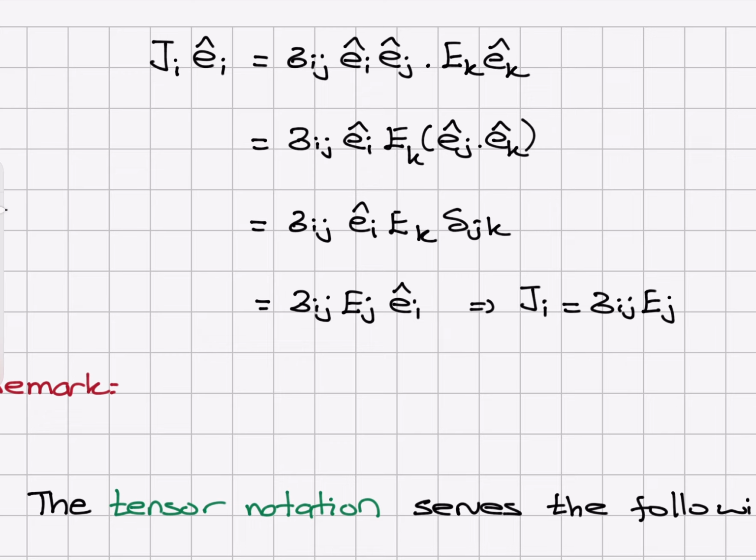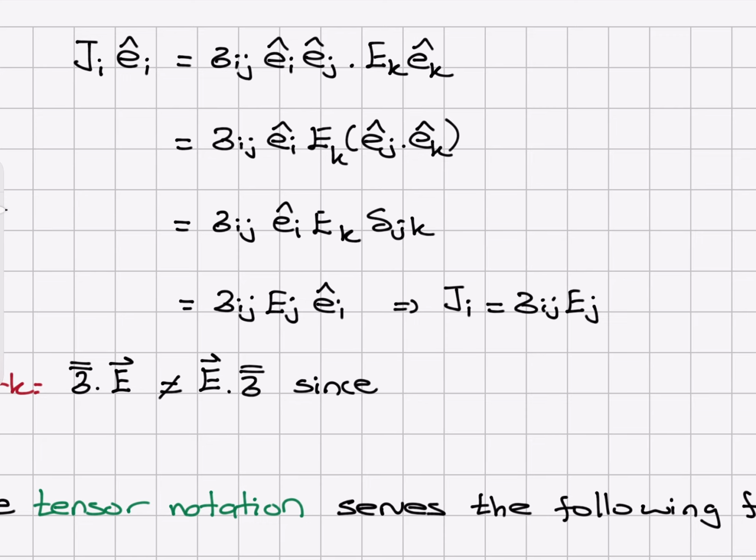Okay, so if I write sigma tensor dot product with the vector E, this is actually not equal to the electric field E dot product with the sigma tensor. And why is that? Let's take a look at this. For the tensor, I have ei hat ej hat dot product with ek hat.